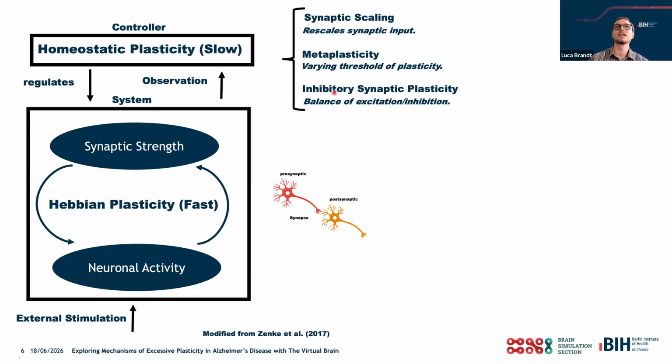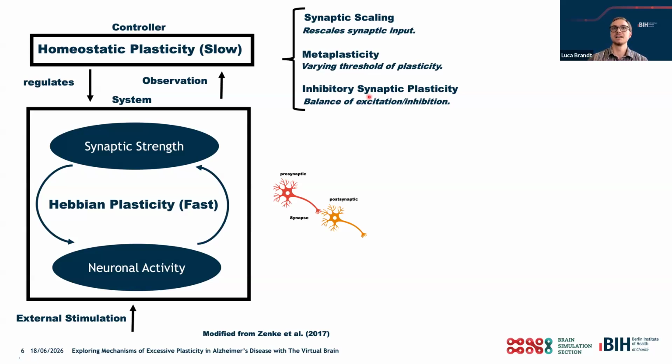Metaplasticity, that's not you learning about plasticity, but it's a sort of a sliding window, so a varying threshold of plasticity. So when there were plastic changes in the past, the window would shift, so there couldn't be any more plastic changes, or not so easily.